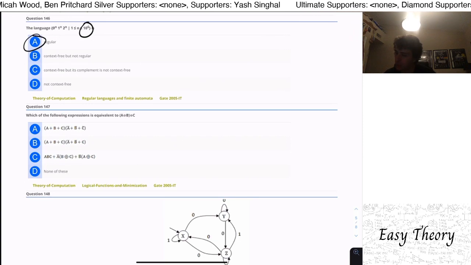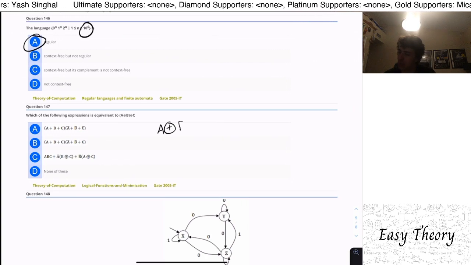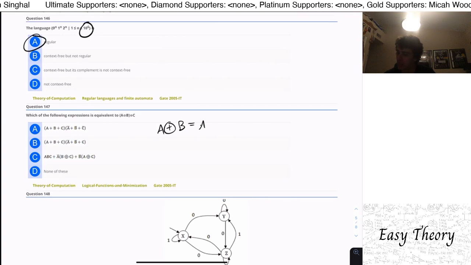Which of the following expressions is equivalent to A XOR B XOR C? So what I remember is that A XOR B is the same thing as A complement B plus A B complement.